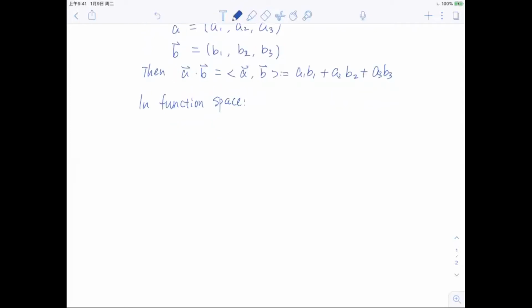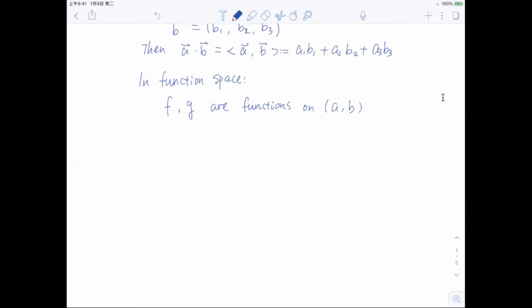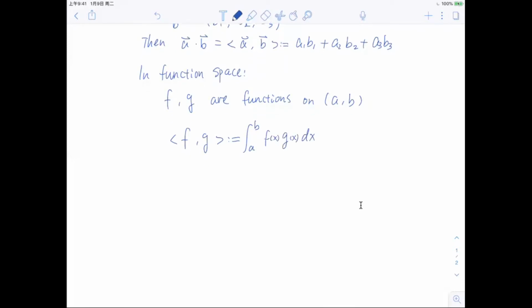If f and g are functions on interval a, b, then their inner product is defined as the integral of the product of these two functions. With this, we can define more concepts.